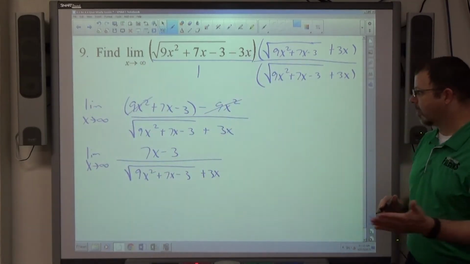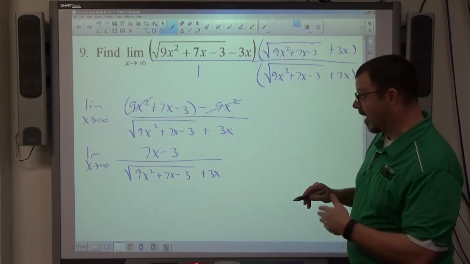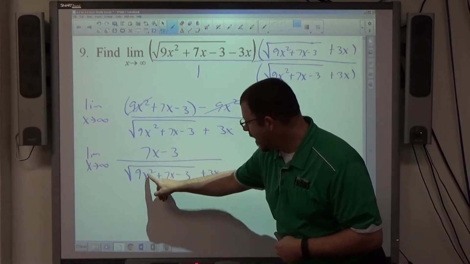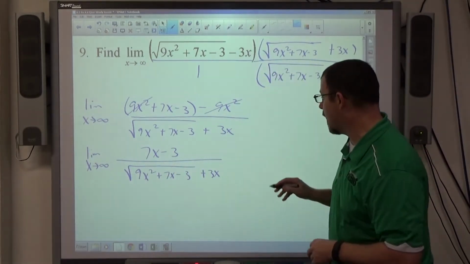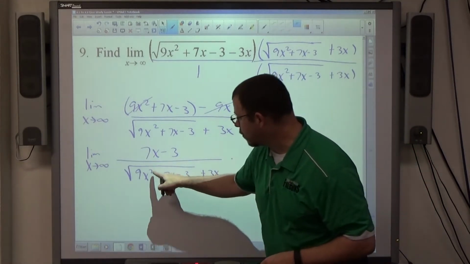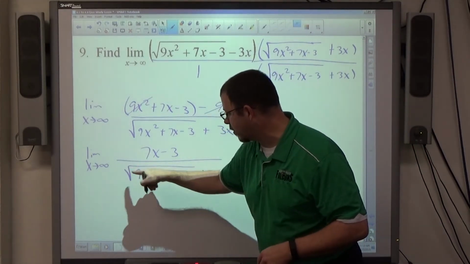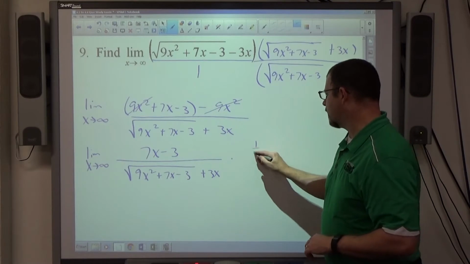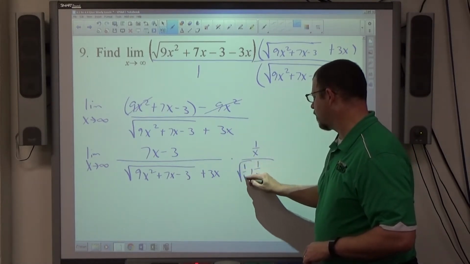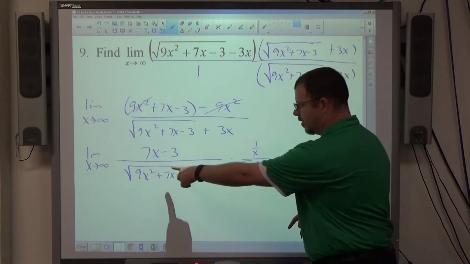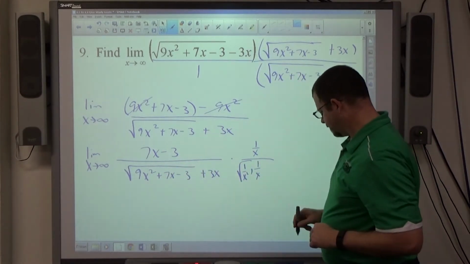And then it's just a matter of finding the highest power of x: x to the first, half, and 0, and x to the first. So first power is the highest. Keep in mind inside the radical 2 over 2, 1 over 2, 0 over 2. So 1 over x on top, 1 over x on bottom, or the square root of 1 over x squared on the bottom. Take your pick. This times this one, this times that one.